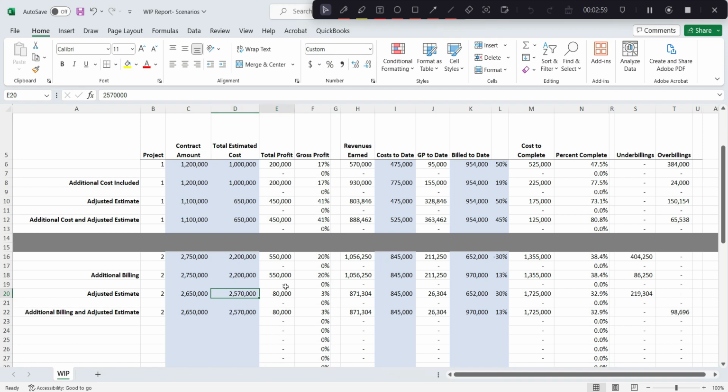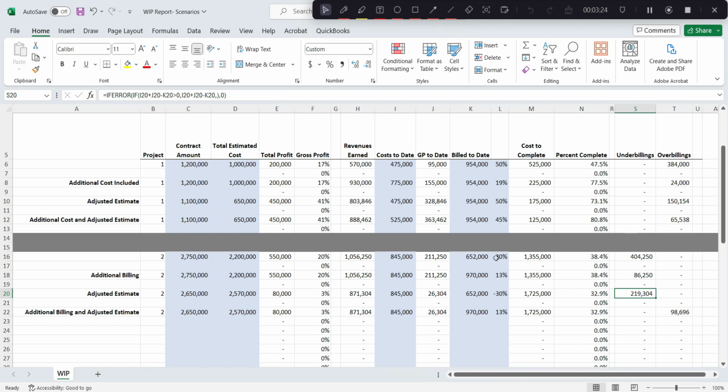So we go from 20% gross profit to 3%. Same cost to date. Sorry, the billings to date just match our first example here, $652,000. That drops our underbillings to $219,000.